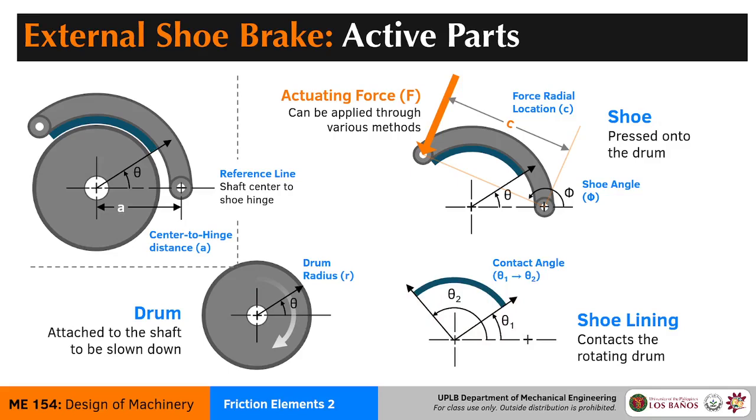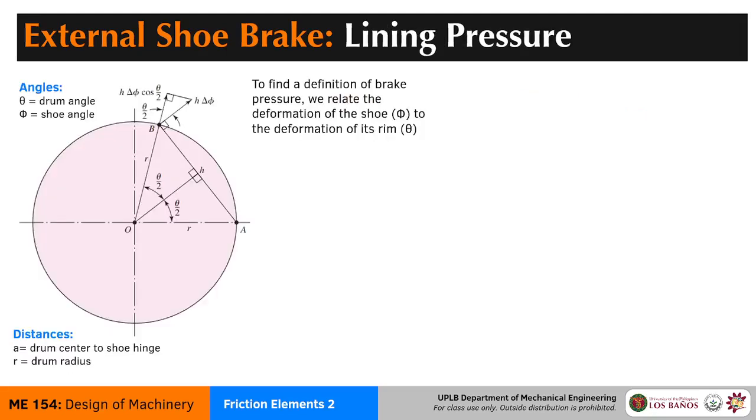Now, when it comes to forces and especially the shoe lining or the friction pads, we have to have some means of defining the relationship of the pressure as you travel along the lining. So what I mean to say is we have to find a function for the pressure that the brake is experiencing. And this can be a bit more complicated.